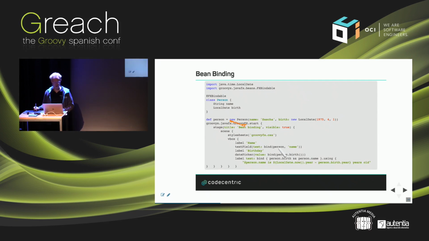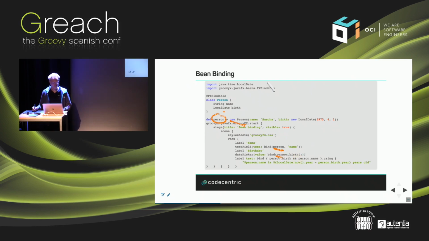And here in my binding, I now bind to my person object that I just instantiated, to the property name. I could also have used all the other syntax that I just showed. Here I use the date picker, another element that I can use, and I bind the birth date of the person.